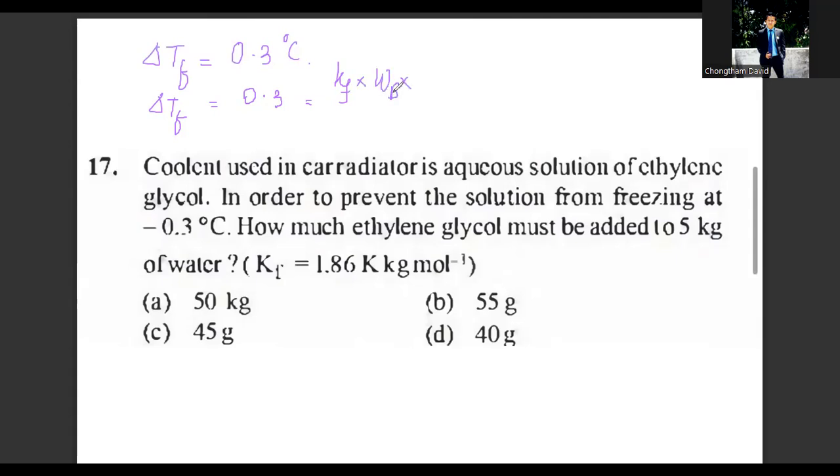It is given, right? 1000, if it is converted to grams. This is actually the equation of molality multiplied with your Kf value, WA. So you just input the values and you can get the answer, WB into 1000 divided by the molar mass of the ethylene glycol.